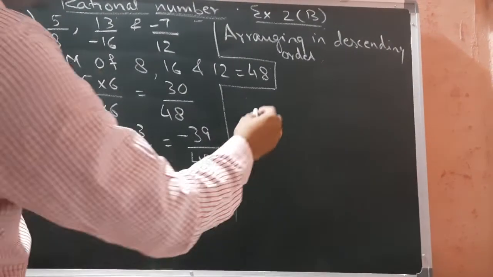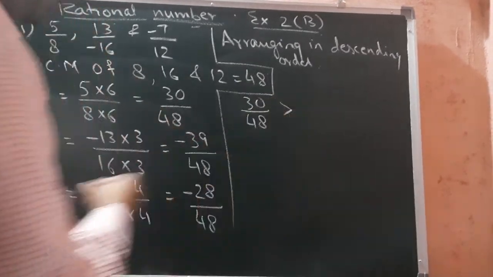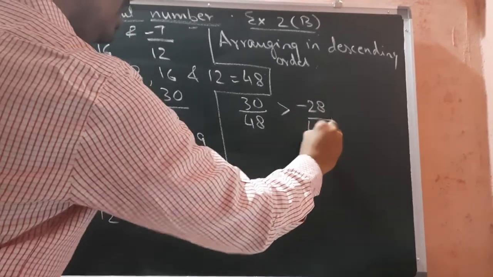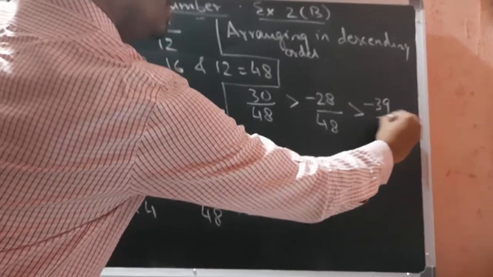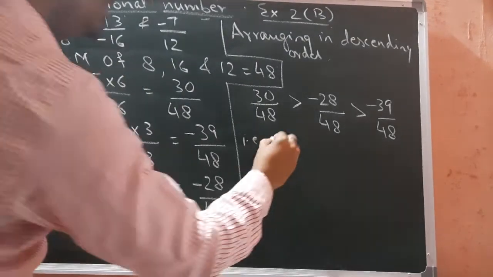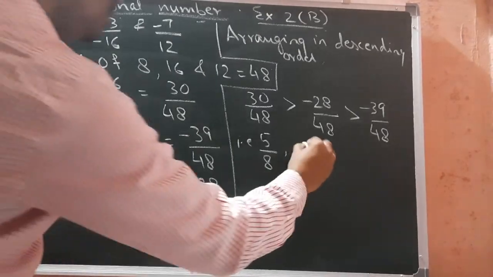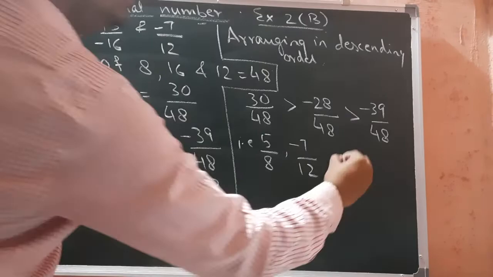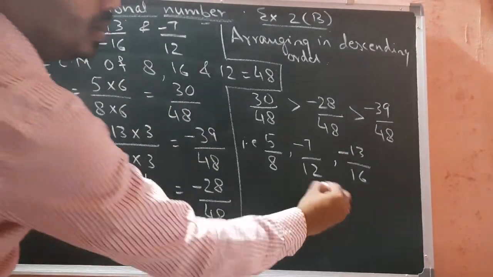So right now the biggest number is 30 by 48, which is greater than minus 28 by 48, which is greater than minus 39 by 48. That is 30 by 48 for 5 by 8, then minus 7 by 12 and minus 13 by 16. So we arrange the numbers in descending order.